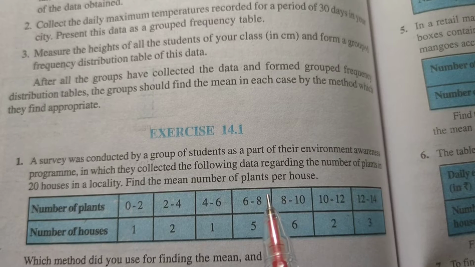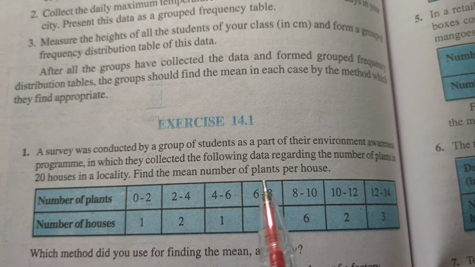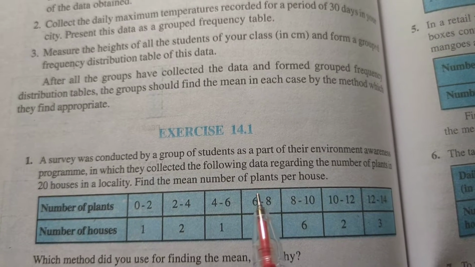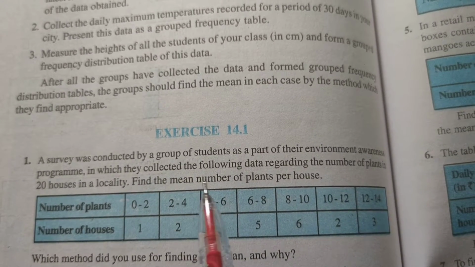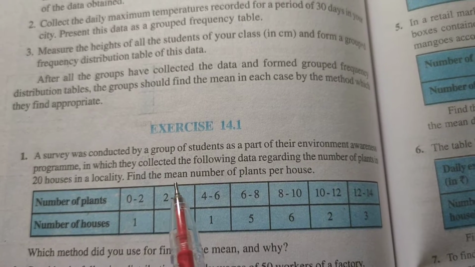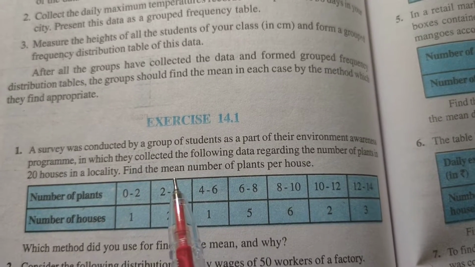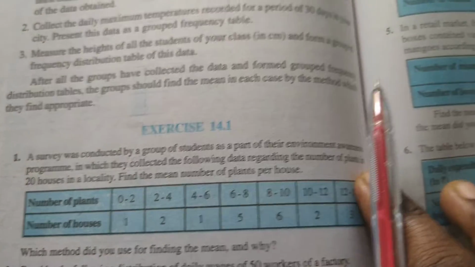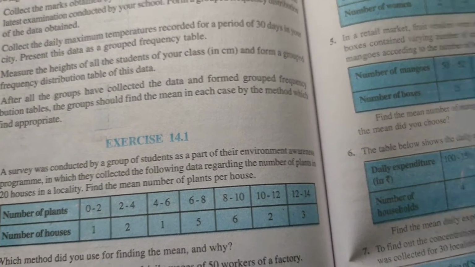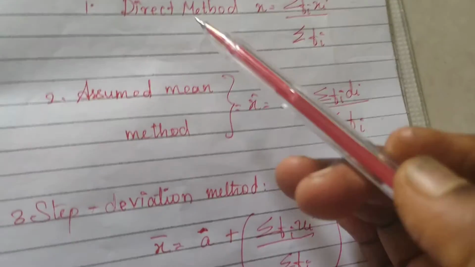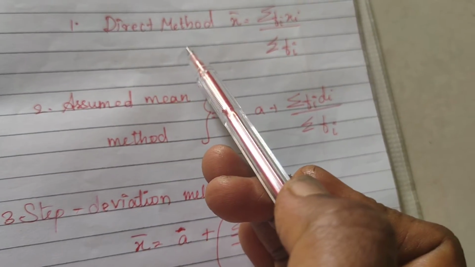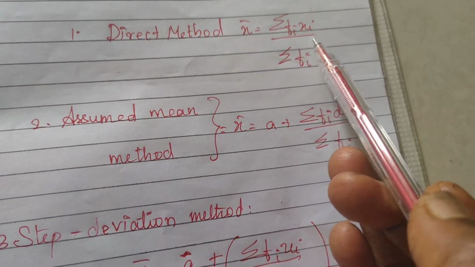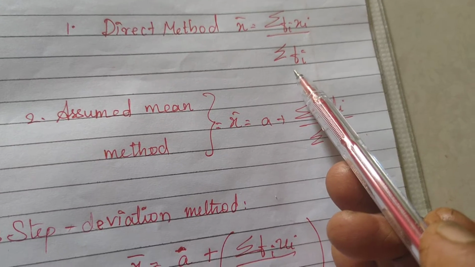So mean is nothing but average, as you studied in your previous classes. You know very well how to take average, or arithmetic mean. Now we have discussed three formulas to take mean. First one is the direct method: x bar equals sigma fi xi divided by sigma fi.